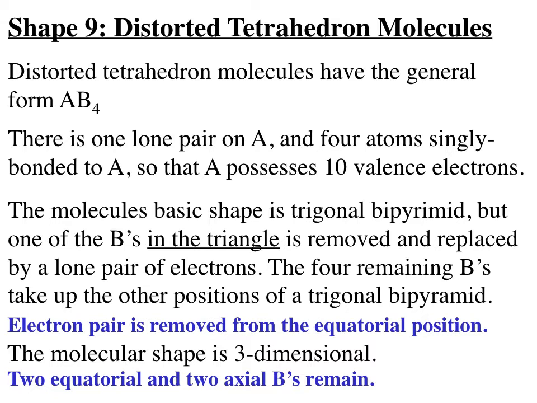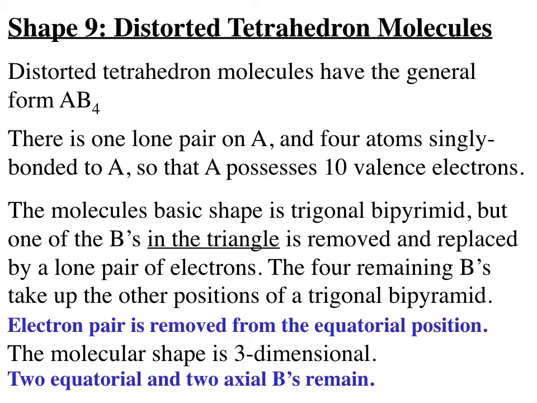So the first of those cases will be what we call a distorted tetrahedron, and how that arises is I begin with AB5, which has 5 single bonded B's to A, and I remove one of the B's so that there are 4 B's remaining, but there is a non-bonding lone pair of electrons on the central A.